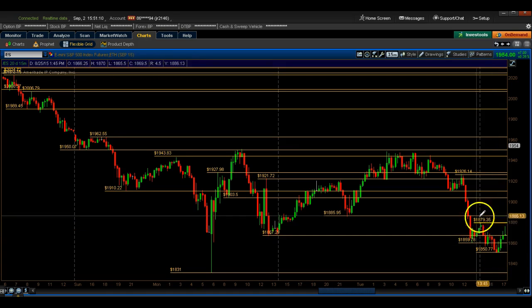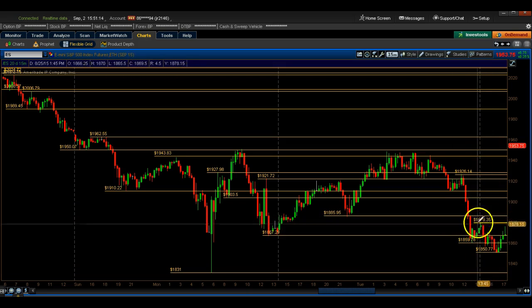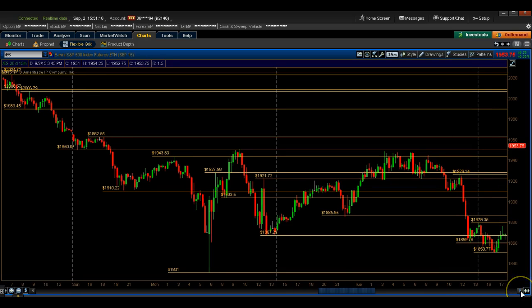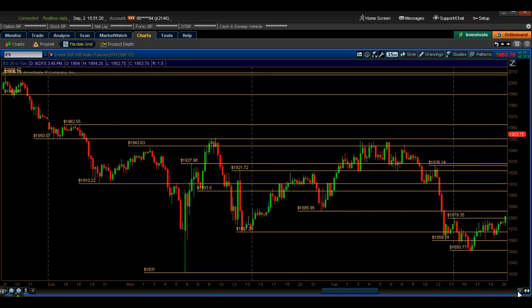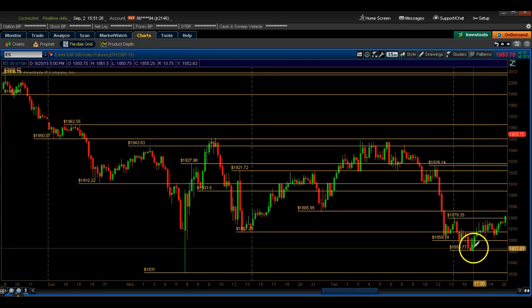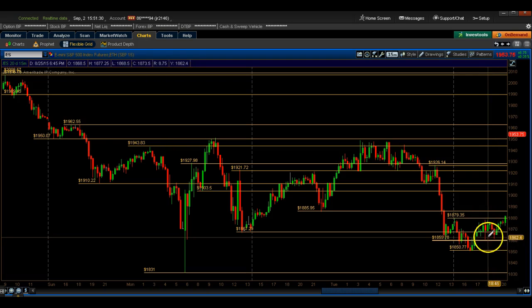Because if we get long without the confirmation of it, then we can actually get hurt. So look at price, stall, boom. On this candle right here, we finally broke above. So this is now a secure low. And then look at this. We now have these two guys as lows, right?